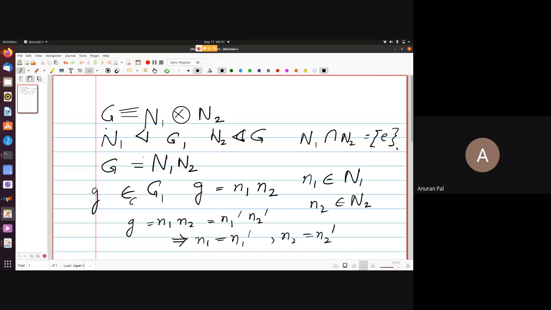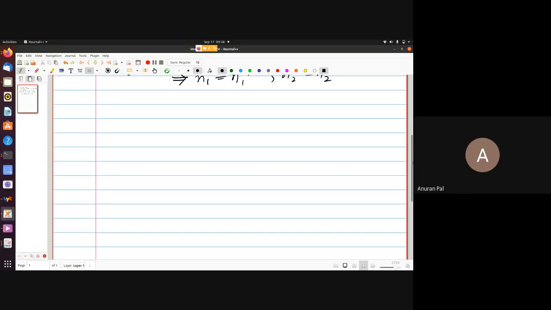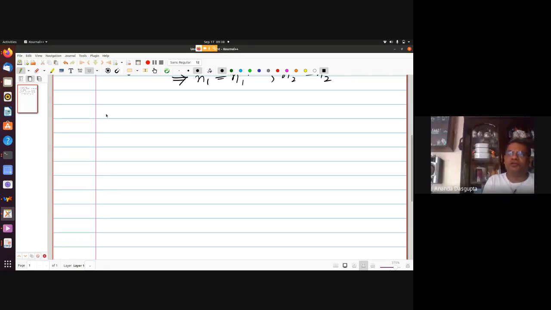So over here, you're essentially showing that the map G to N1N2 is a one-one map and it's an onto map. But we also have to show that this is a homomorphism, right? Not really. First of all, N1N2 is not even a distinct group; G is N1N2, right?